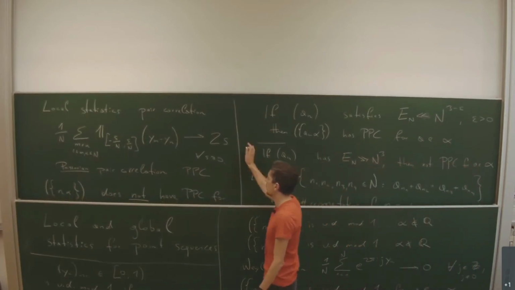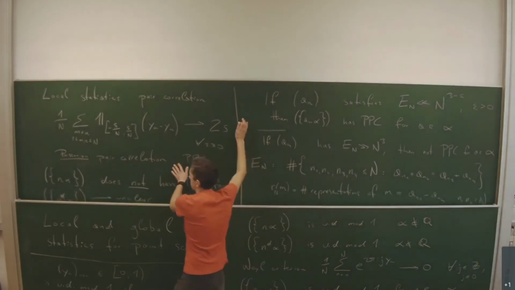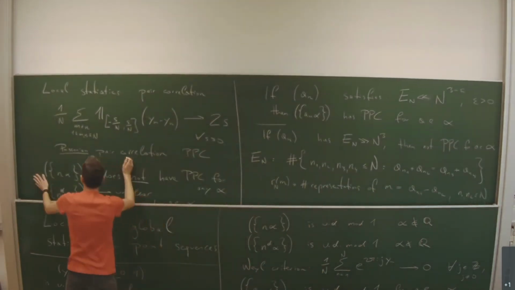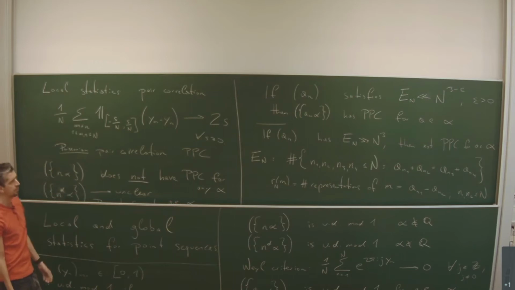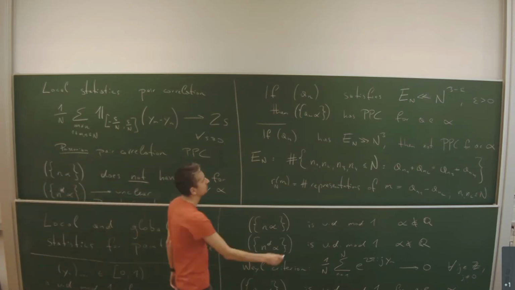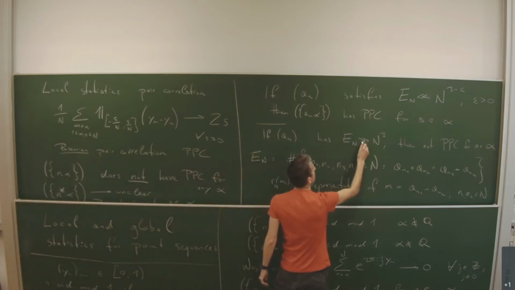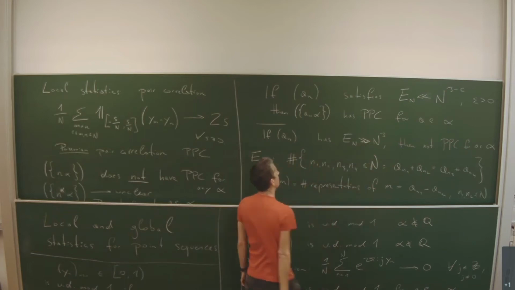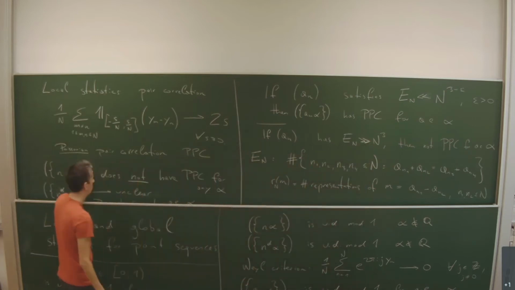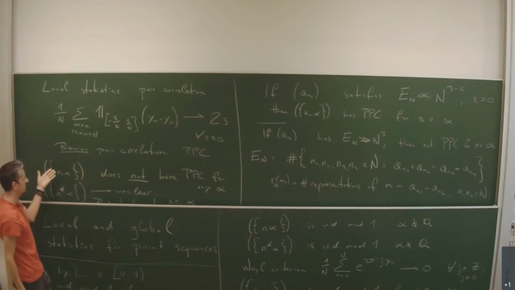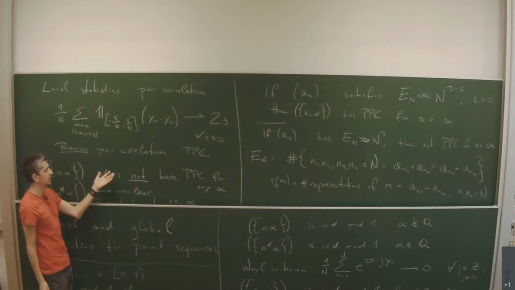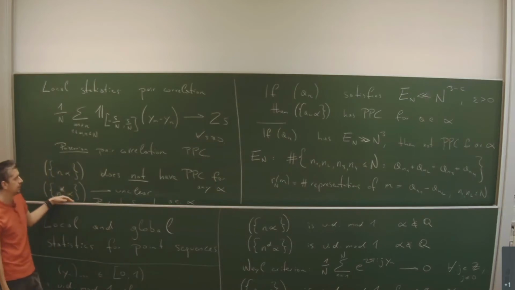And you can easily calculate what the additive energy is for this sequence. It is of maximal possible order, so the order is essentially n cubed. So in this sense, if you know this general criterion, it's no surprise that this sequence fails to have Poissonian percolation for almost all alpha.